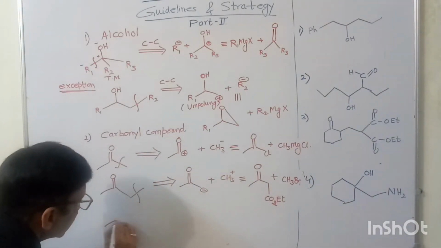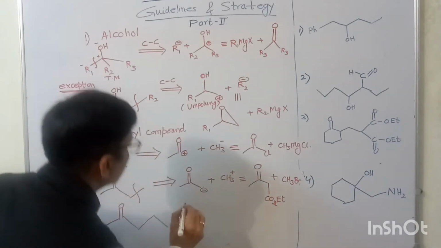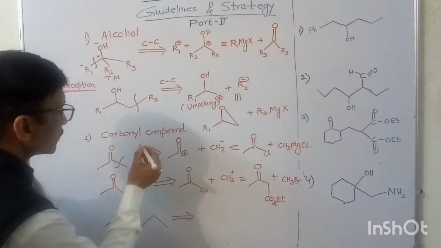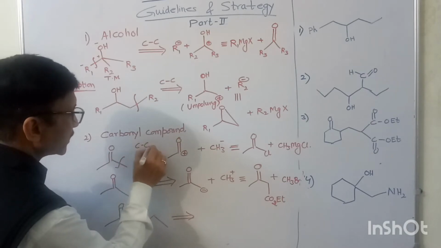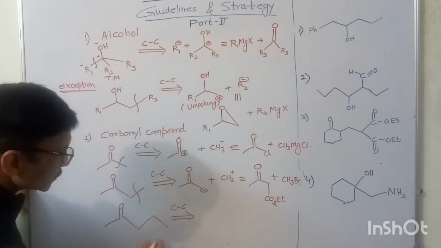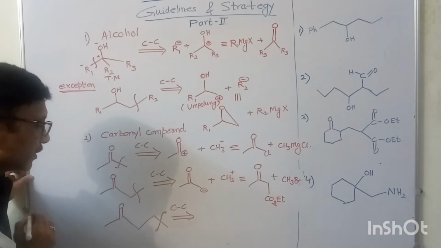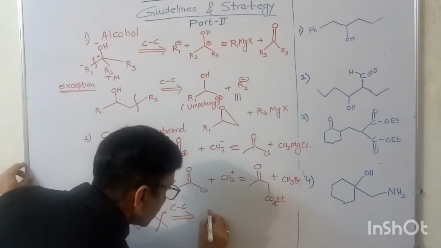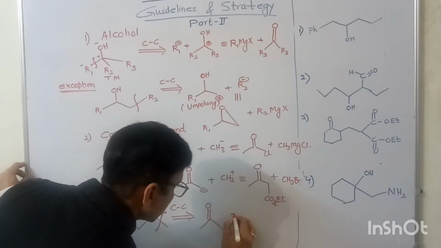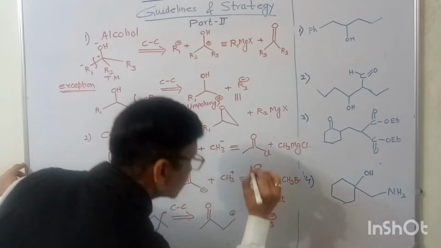Now suppose another one. If you see, all this is a carbon-carbon disconnection, because the carbon-carbon bond is disconnected. Such a target molecule we can disconnect from here, and you will get a positive charge over here and CH3 minus.